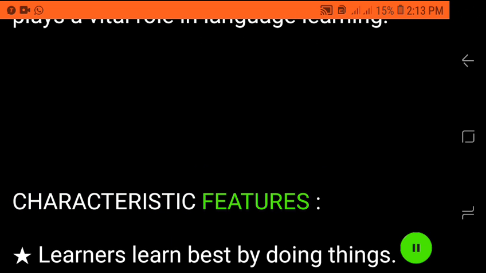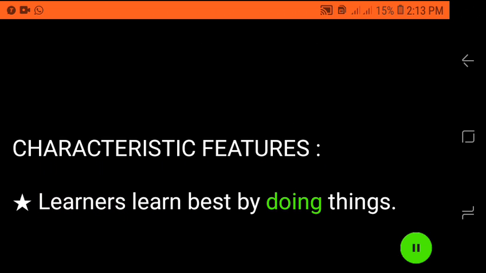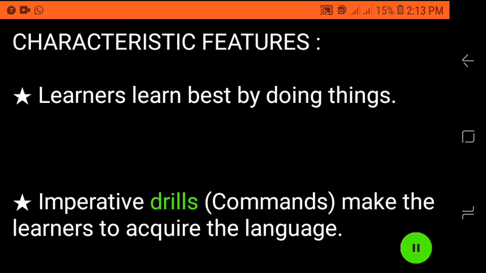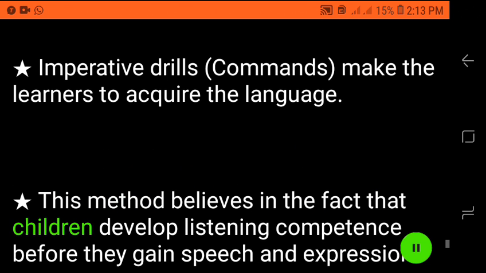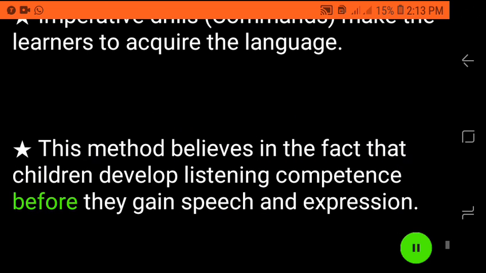Characteristic features. Learners learn best by doing things. Imperative drills, commands, make the learners acquire the language. This method believes in the fact that children develop listening competence before they gain speech and expression.